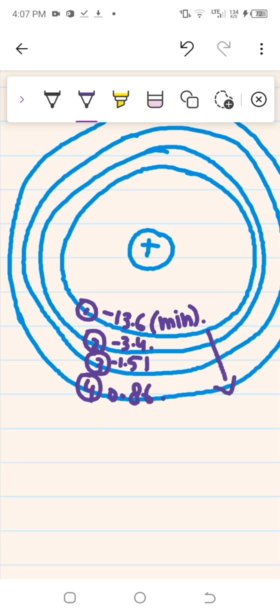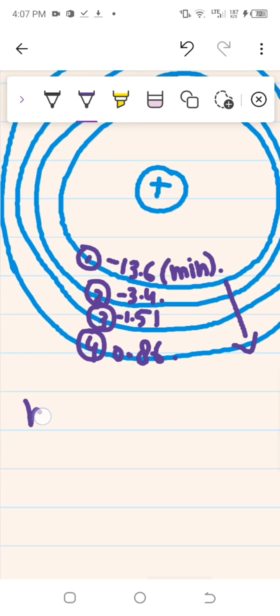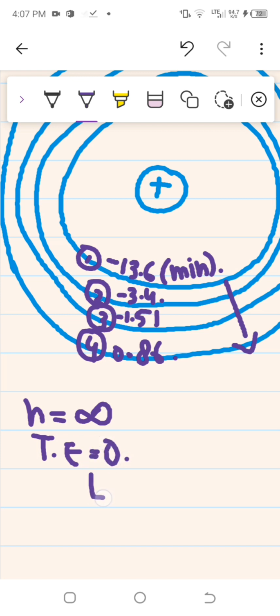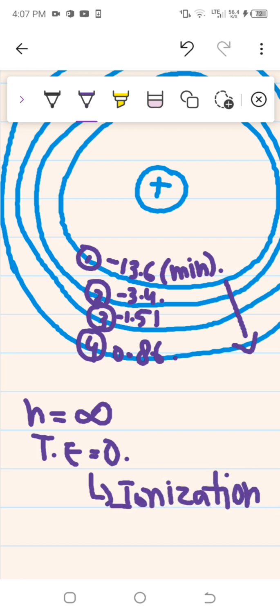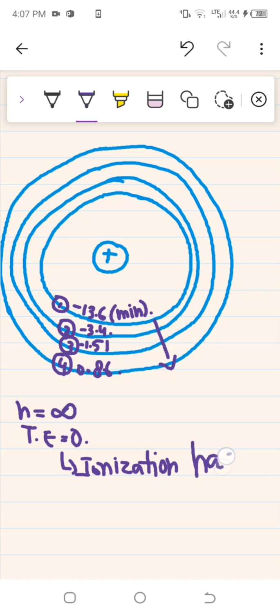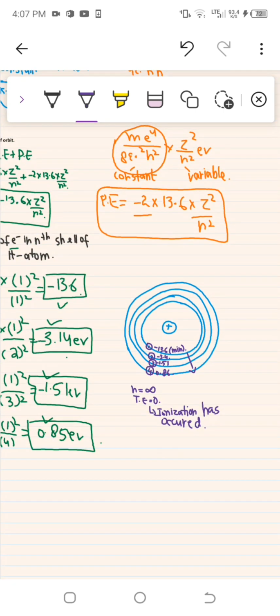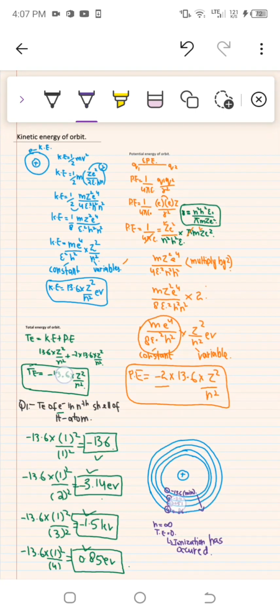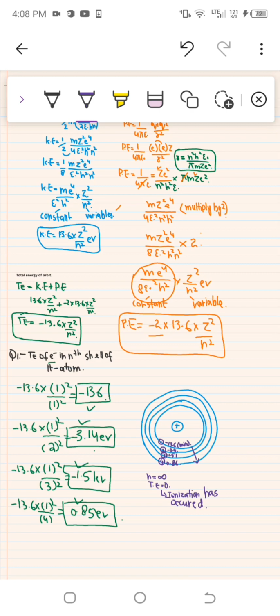If I talk about the nth shell with n equal to infinity, then the total energy will be 0. This means ionization has occurred.